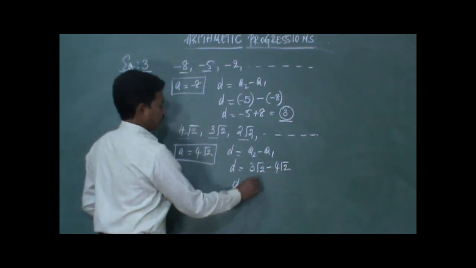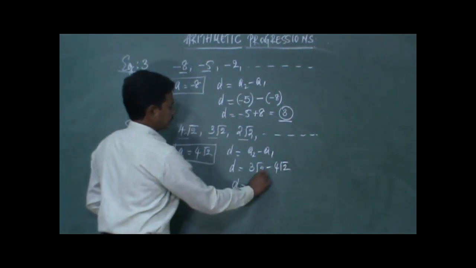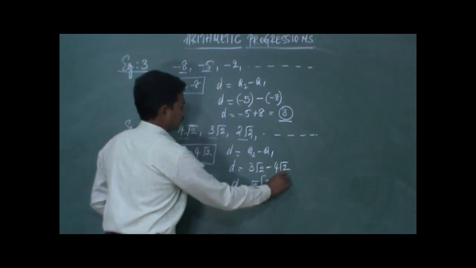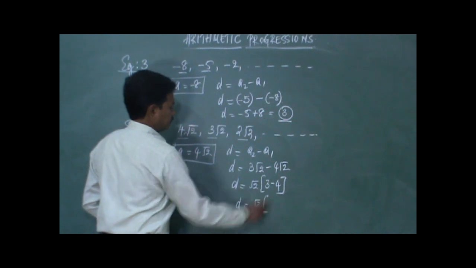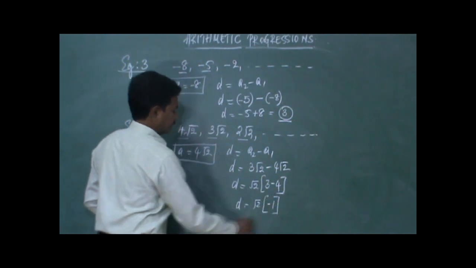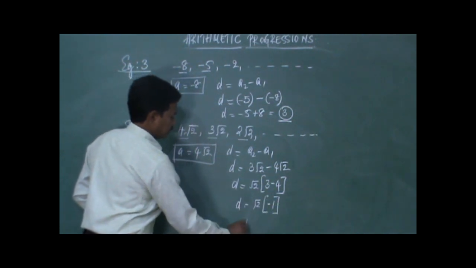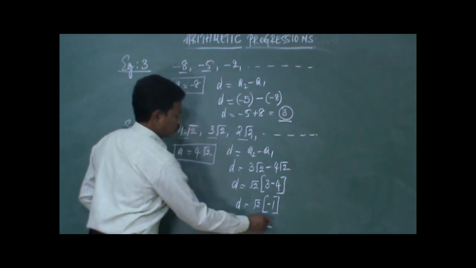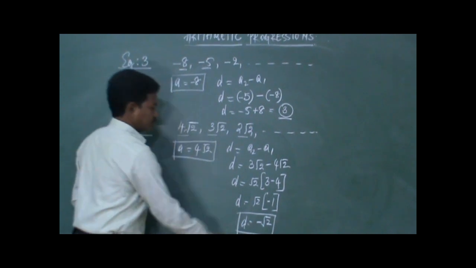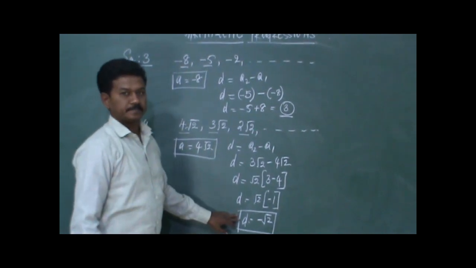When you take root 2 as common, you get 3 minus 4. So d is equal to root 2 into 3 minus 4, which stands for minus 1. So minus 1 into root 2, d is equal to minus root 2. So this is the value of d.